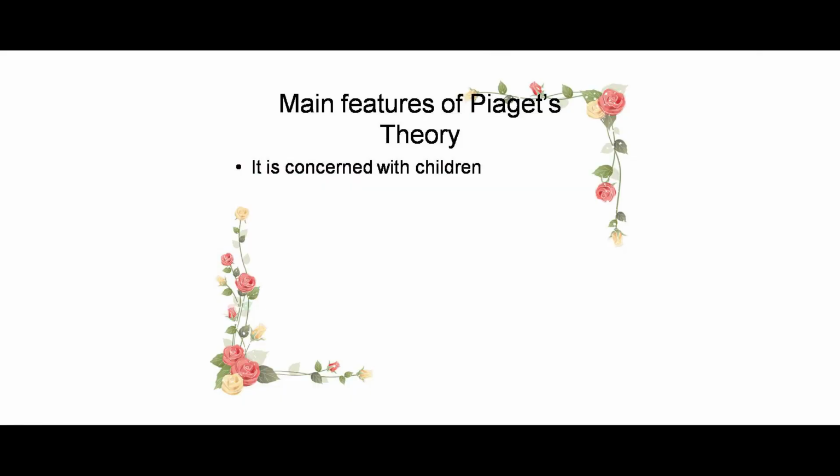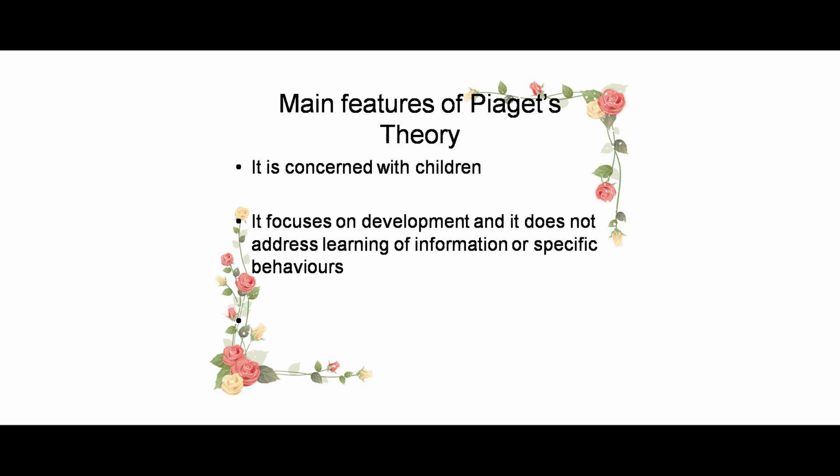Now we discuss the main features of Piaget's theory. The first one is it is concerned with children. Second one, it focuses on development and it does not address learning of information or specific behaviors. Third one, it proposes the discrete stages of development.